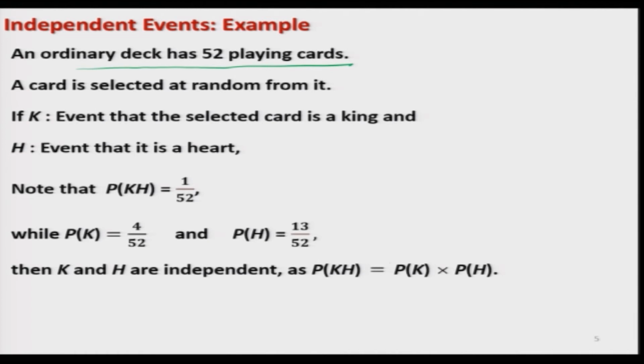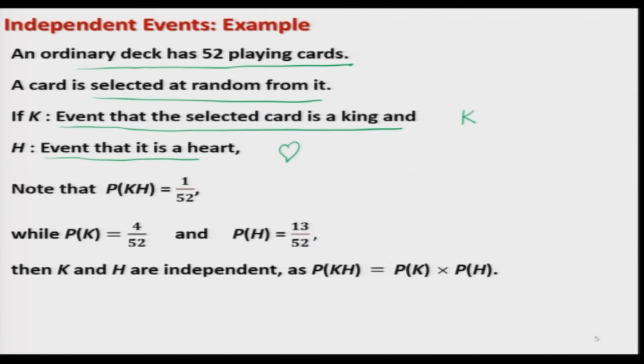Now suppose you select one card at random, and there are two events, K and H. K is the event that the selected card is a king, and H is the event that it is a heart. You know that in cards there is a symbol K, which we call king, and there is a heart symbol. There are 13 hearts and 4 kings.